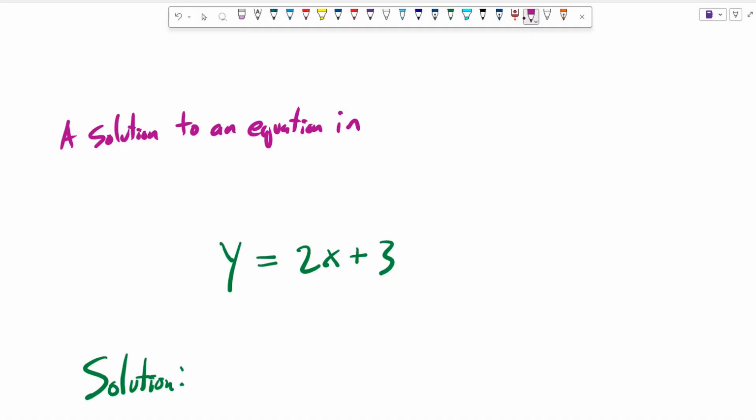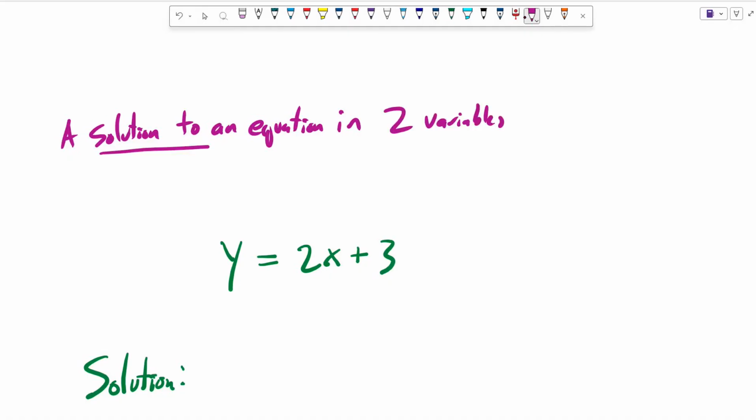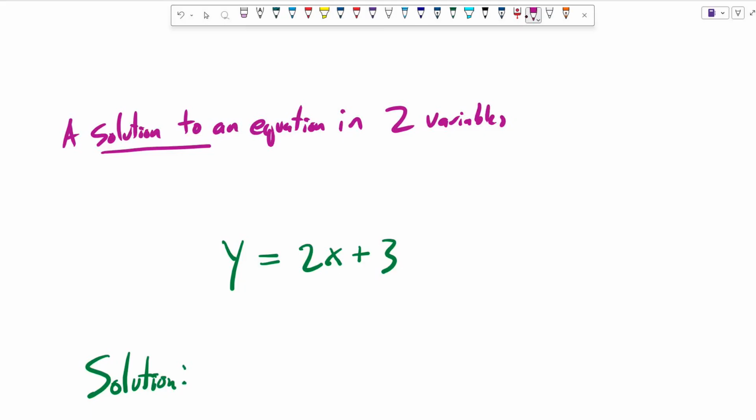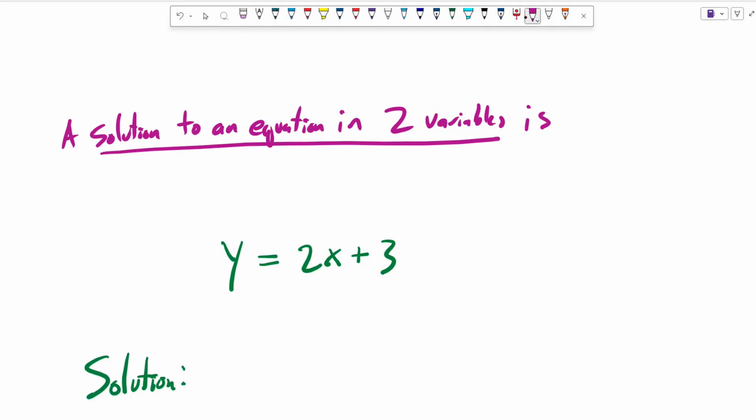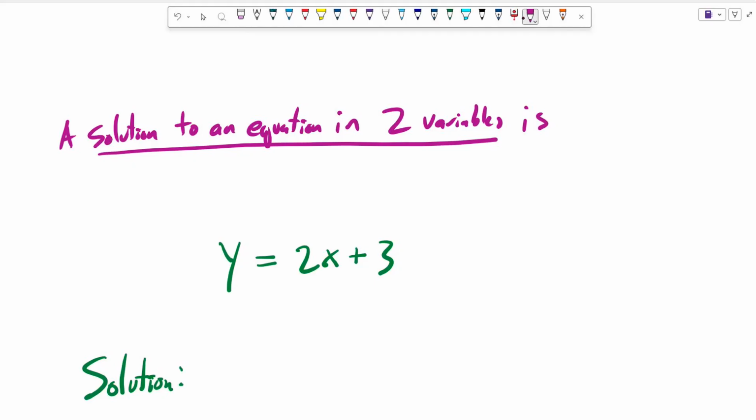A solution to an equation in two variables, it's not a number. We need two different numbers.